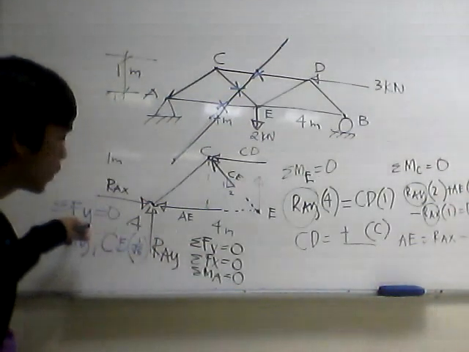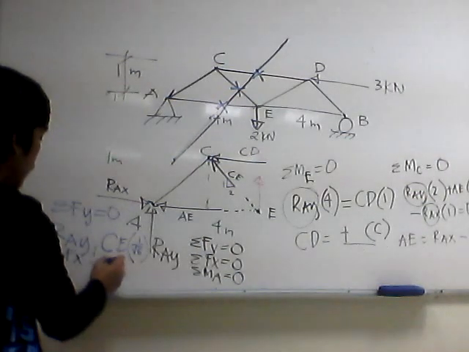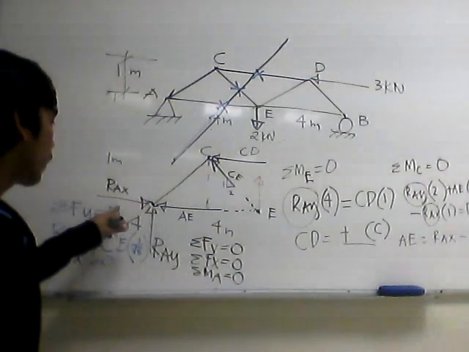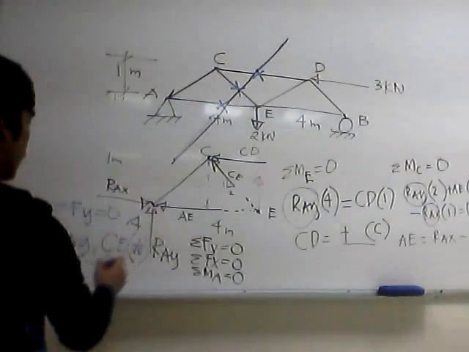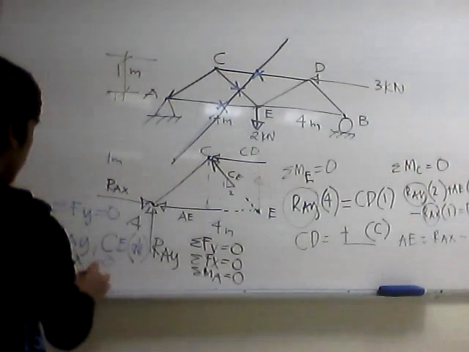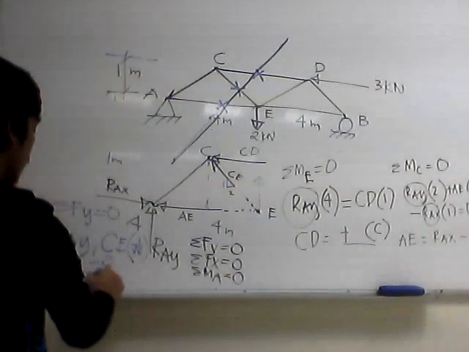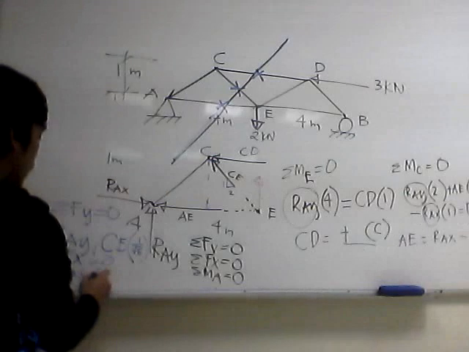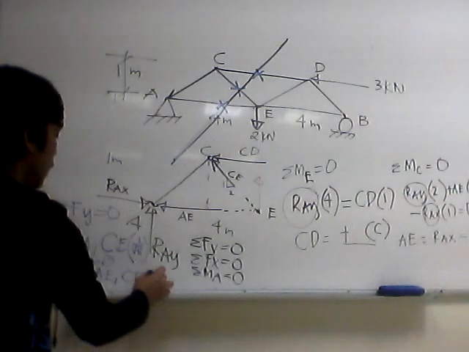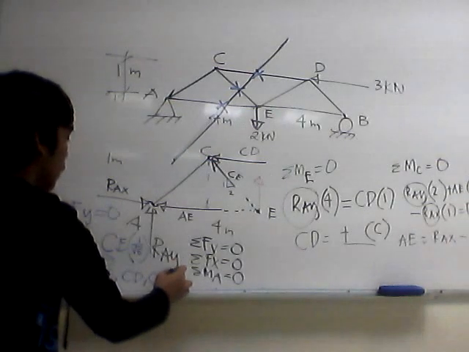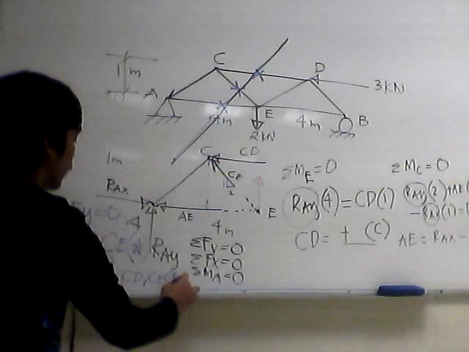If we are going to use summation of forces X equals 0, then our equation will involve RAX, AE, CD, and CE horizontal component, 2 over square root of 5.